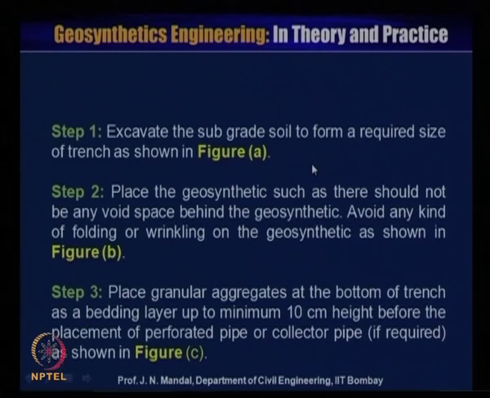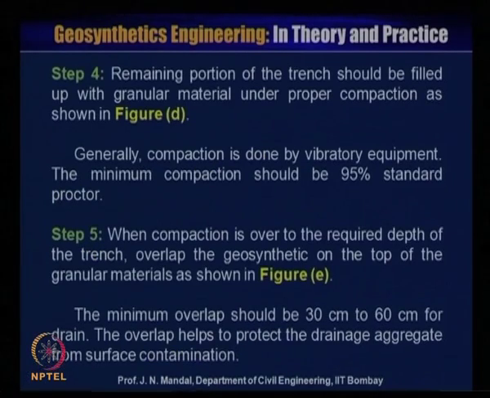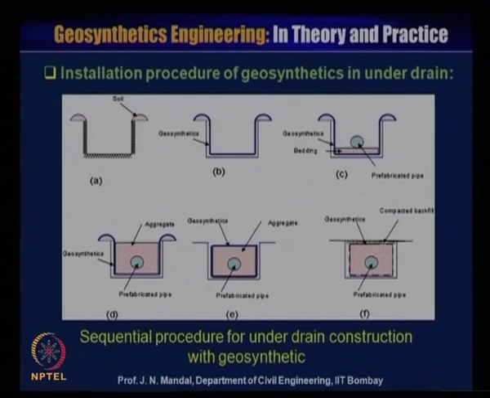Then step 4, the remaining portion of the trench should be filled with granular material under proper compaction. So, you fill up the remaining portion with granular material to the required depth. So, this aggregate is filled up here.